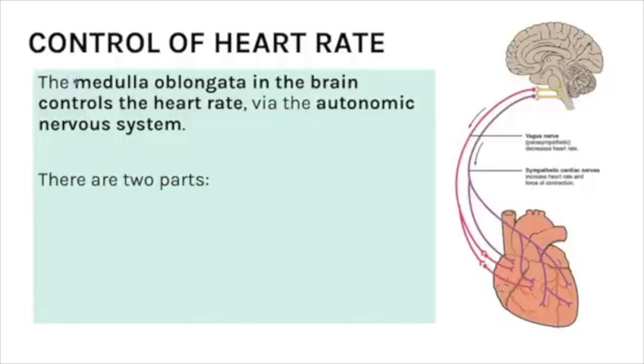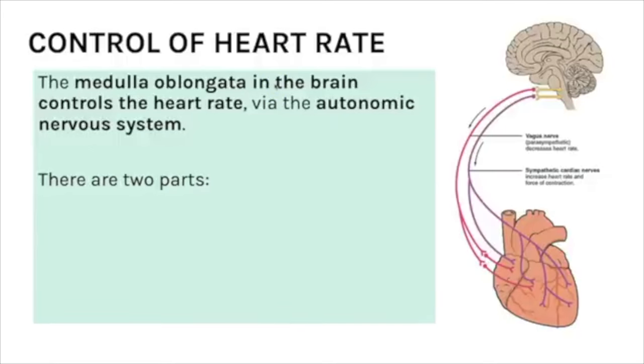Now, the involvement of the nervous system is what triggers the rate at which the SAN will release those waves of depolarization. And the part involved is the medulla oblongata in the brain. That is what controls the heart rate, but this is through the autonomic nervous system, meaning it's automatic and there's no conscious control.